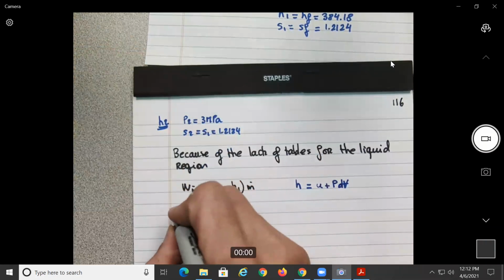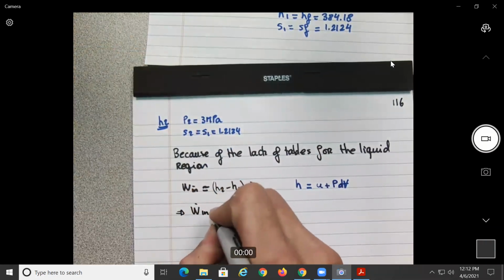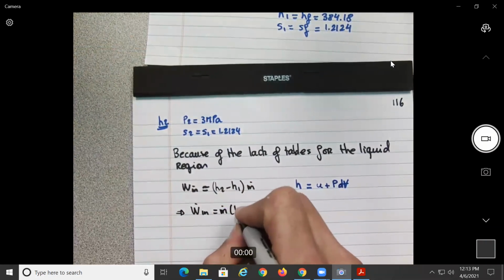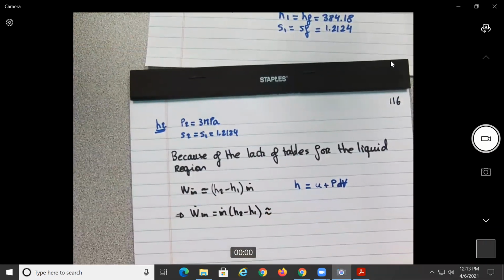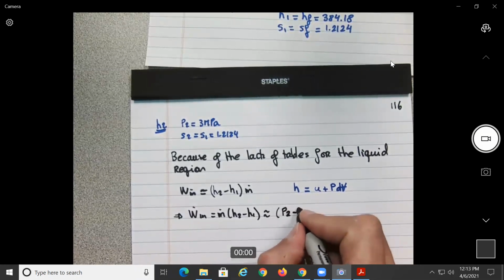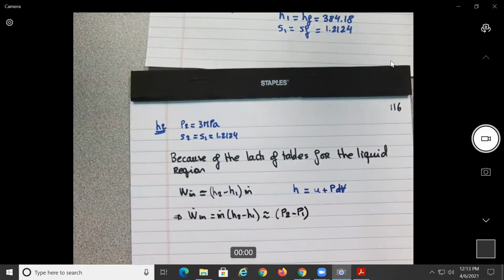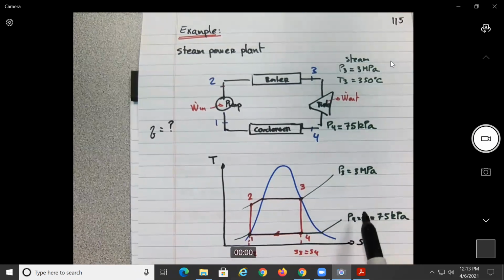Okay, so what's going to happen here? We can approximate this here. Wait, let me double check. Let's see if I have it somewhere over here. Let me double check. I'm pretty sure. Okay, pretty sure this is going to be basically equivalent to P2 minus P1, because we are working at the two different pressures.